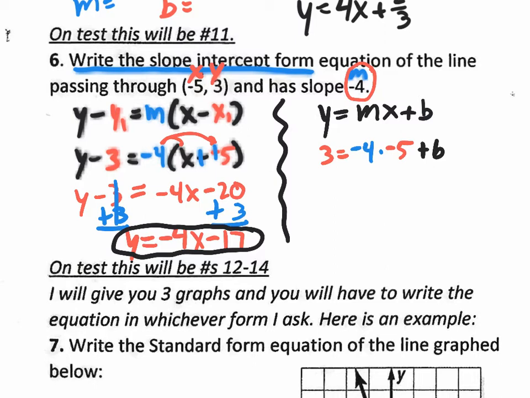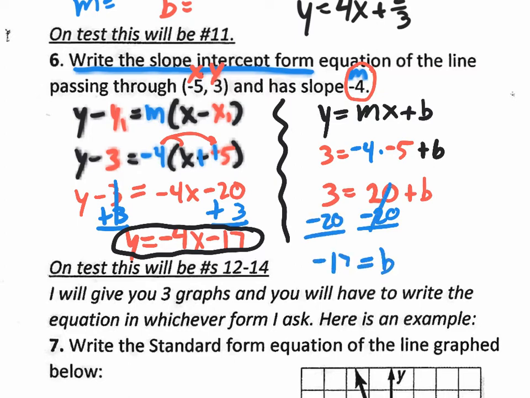Now, this is an alternate method because this way you could find your b value. So in other words, you're going to have 3 equals positive 20, because -4 times -5 is positive 20, plus b. And now you could solve for b by subtracting 20 on both sides. And you'll have b equals -17.